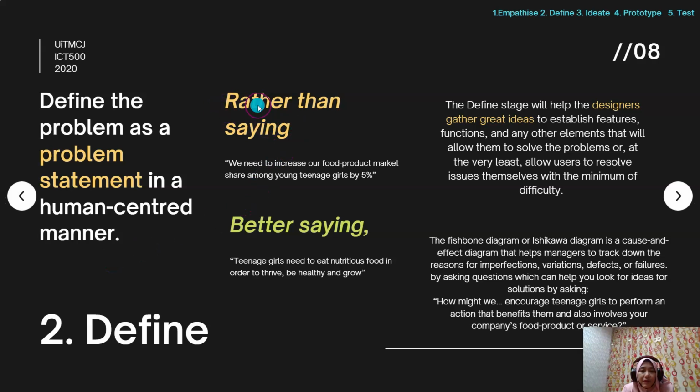For example, rather than saying we need to increase our food product market share among young teenage girls by 5%, it is better to say that teenage girls need to eat nutritious food in order to thrive, be healthy and grow. What are the differences between these two statements, class?